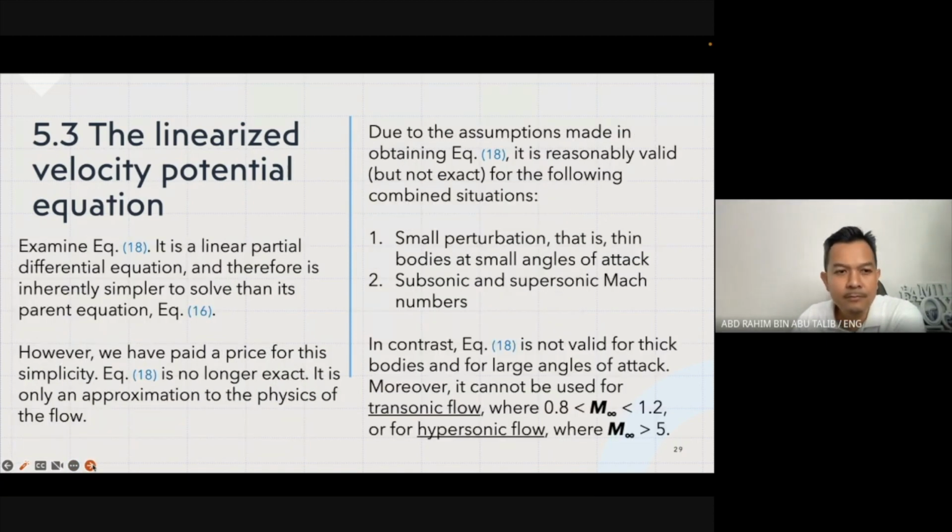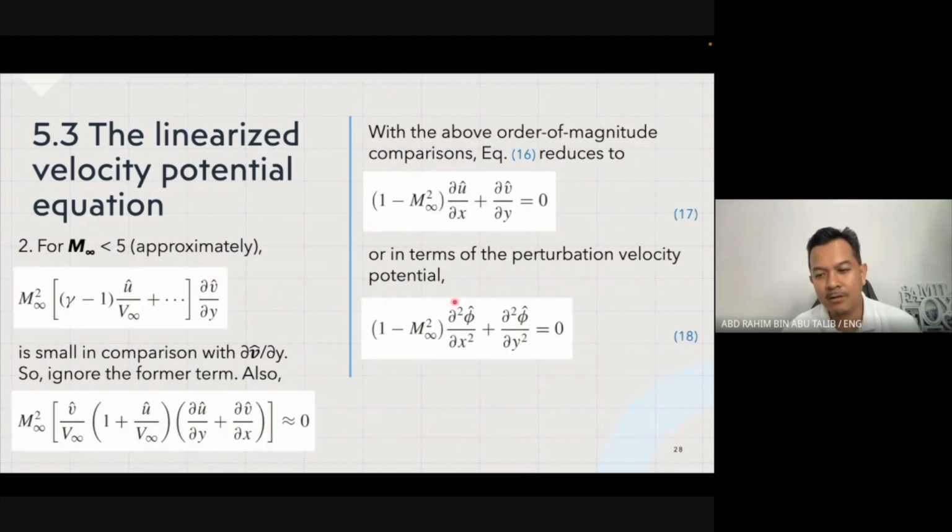All right. So we examine equation 18 again. It is actually a linear partial differential equation, and therefore is inherently simpler to solve than its parent equation, equation 16, because we have significantly reduced it to become equation 18, which is quite simpler in terms of the unknowns and the knowns.